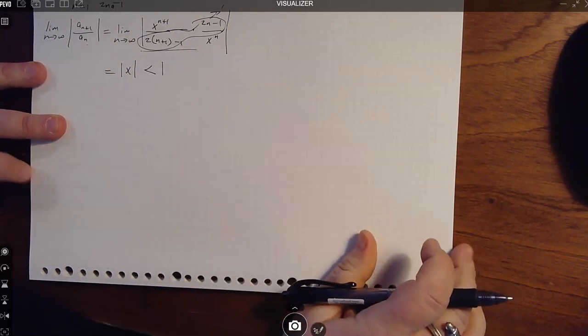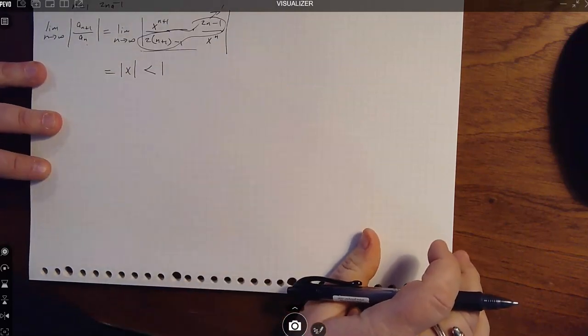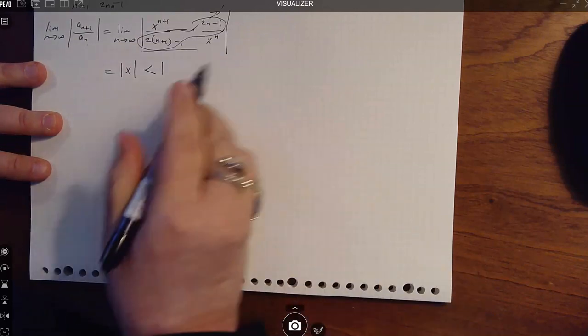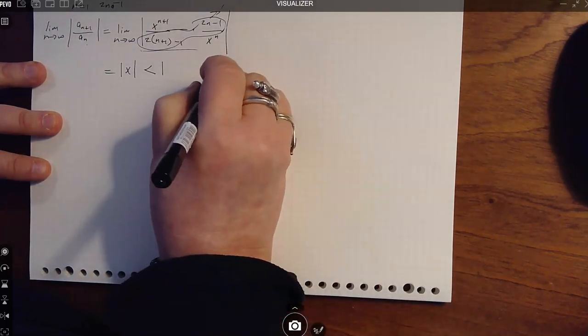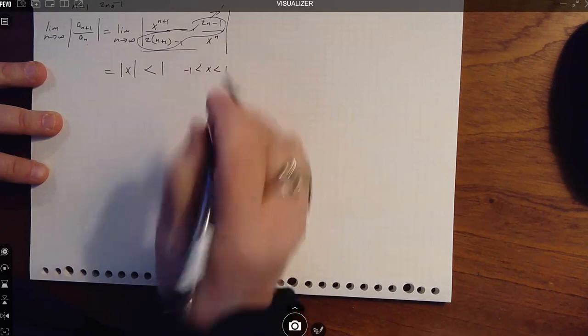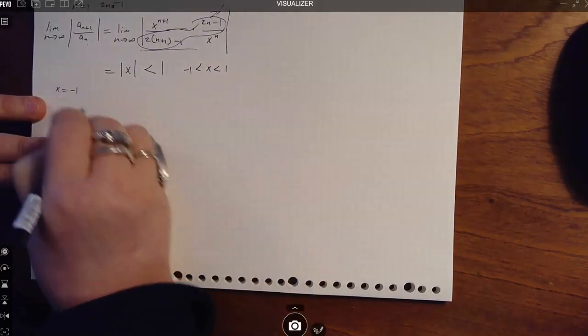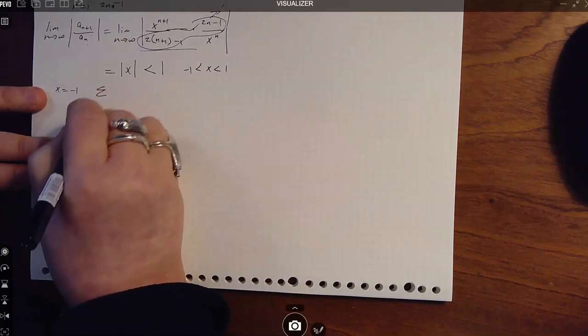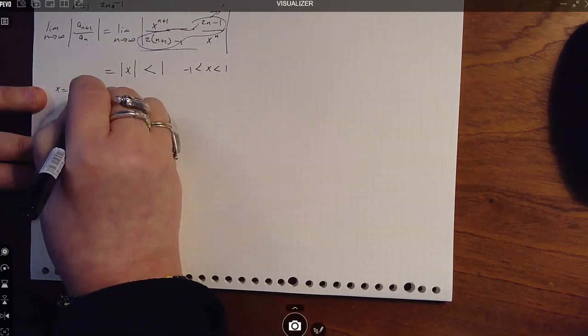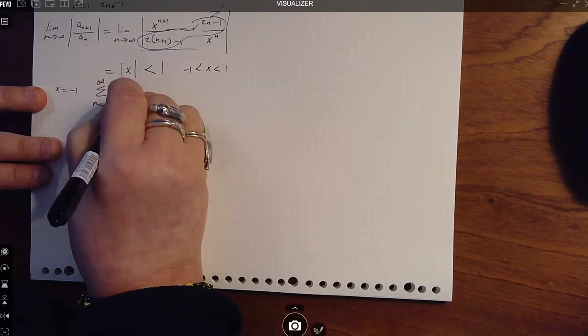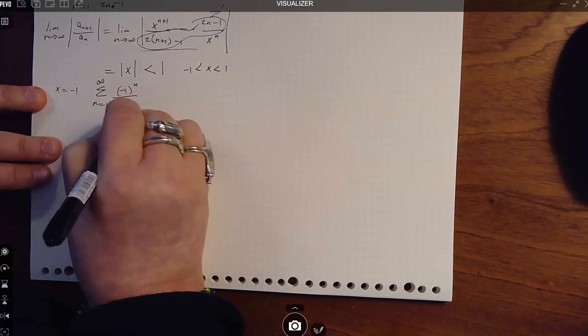Now the ratio test says if it's equal to 1, you don't know anything. So I want to check the endpoints. Right now I've got x between 1 and negative 1. Well, if x is equal to negative 1, then my summation becomes negative 1 to the n over 2n minus 1.